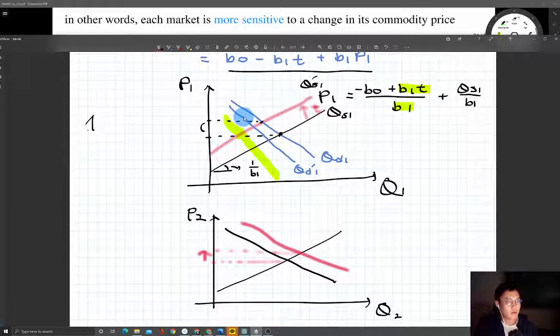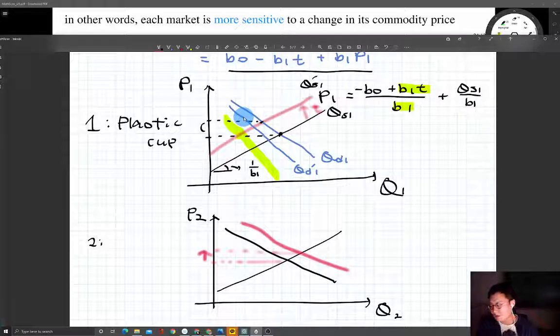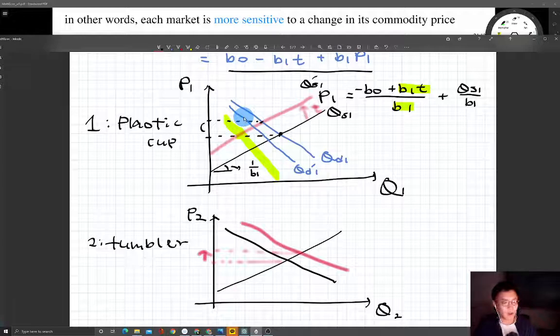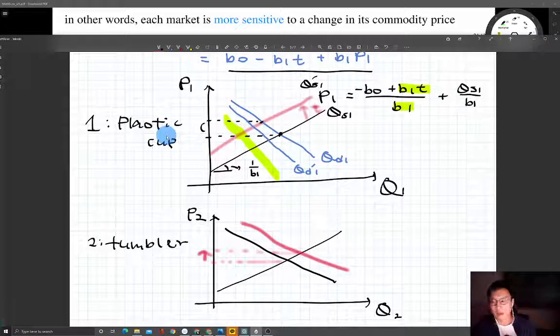So good 1 is a plastic cup, and good 2 is a recyclable cup, say a tumbler. You go to Starbucks to order a cup of coffee with a plastic cup, and you realize that the price goes up by 50 cents. You're asked to pay 50 cents more.